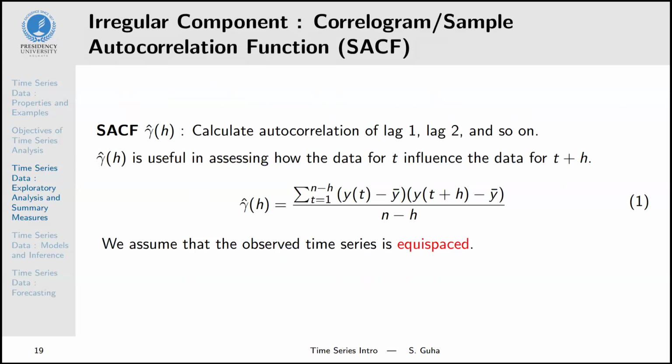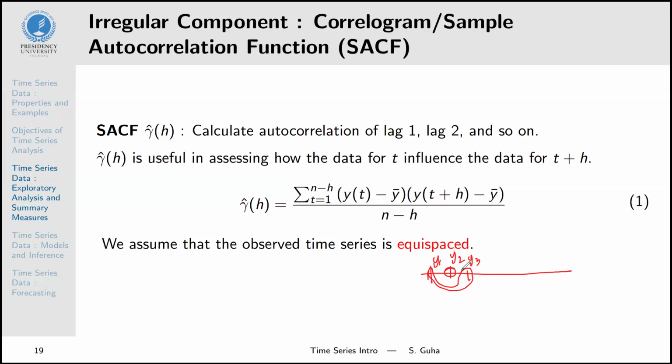So there will be some correlation, but some part of that correlation is because of tomorrow. So if y1 and y3 have some correlation, some part of that correlation is because of the intermediate point y2.